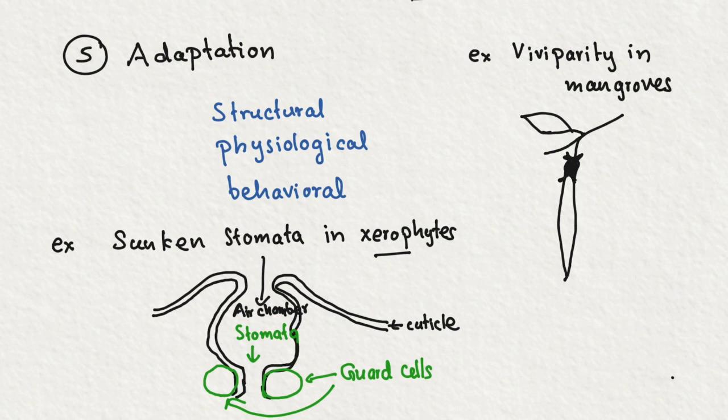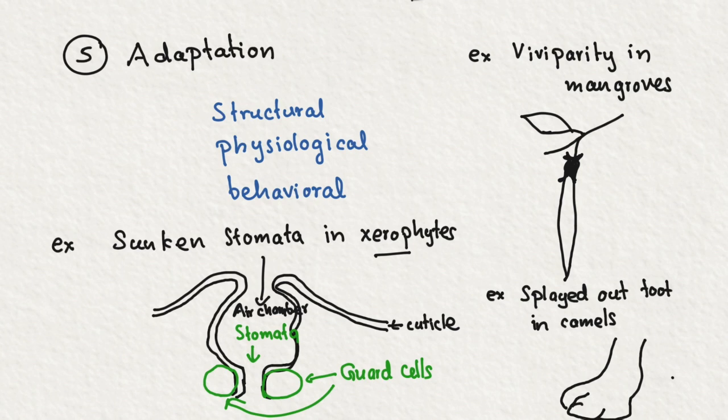Then another example is the splayed out foot in camels. So this is to give them some additional surface area for supporting their weight on sand.